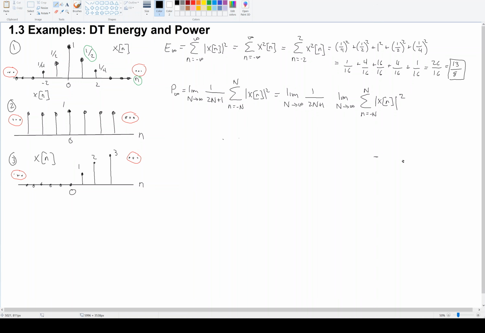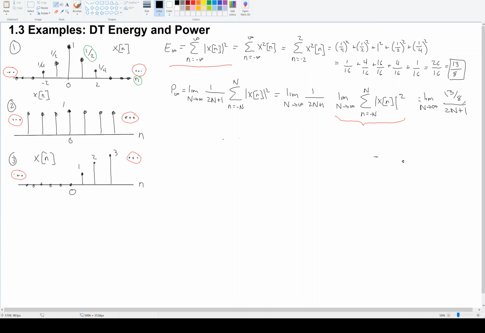But the reason I'm breaking it up like that is because we just calculated this sum, right? That's exactly the energy in the signal. You see, as the bounds become minus infinity and plus infinity, I get exactly this expression here. And so I know that this in red is 13/8. So this becomes the limit as N goes to infinity of 13/8 over 2N plus 1.